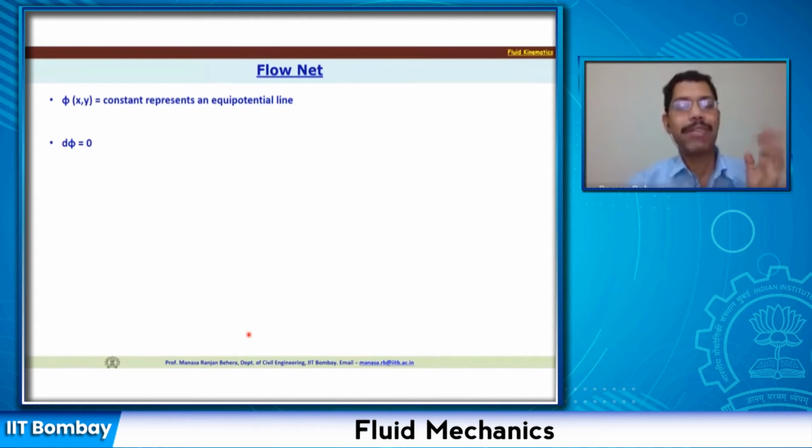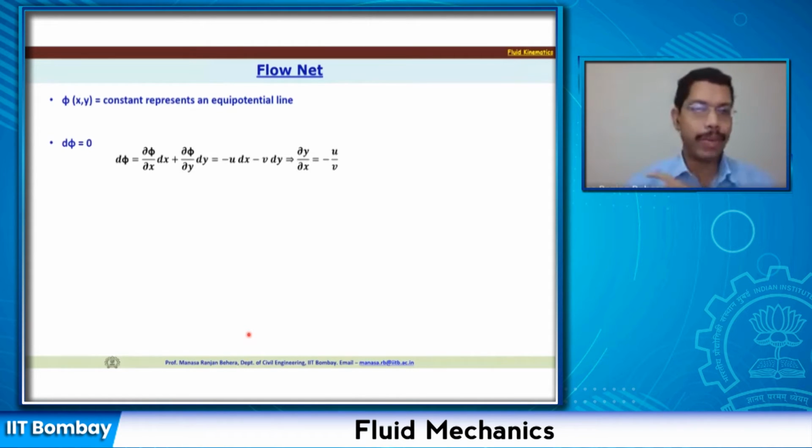If I write the partial derivative of that, I can write dφ equals ∂φ/∂x dx plus ∂φ/∂y dy. And we already know ∂φ/∂x is minus u and ∂φ/∂y is minus v. So I can write minus u dx minus v dy equals 0, which implies ∂y/∂x equals minus u by v.